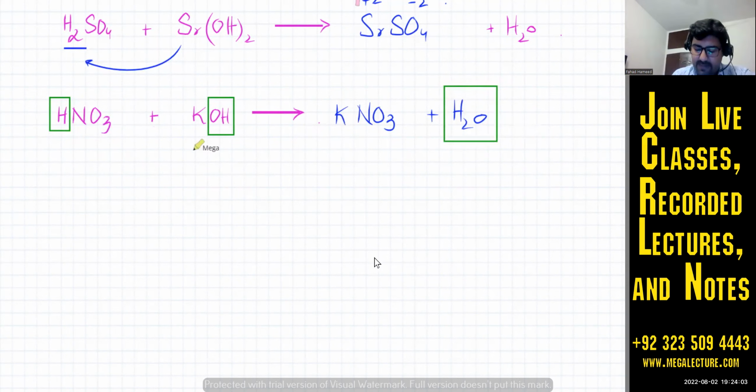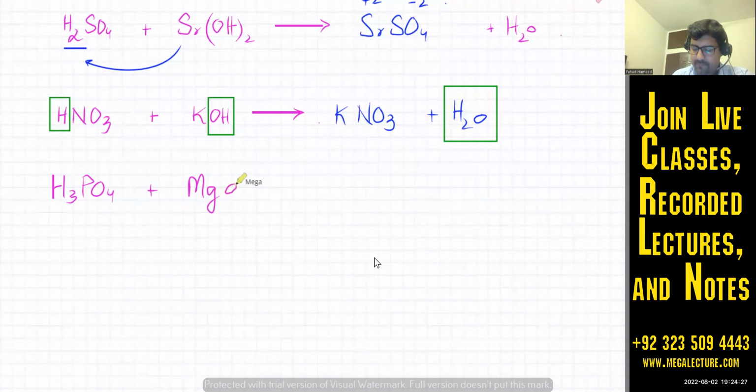So I can pick any acid. Let's take phosphoric acid. Phosphoric acid is H3PO4, and I can react it with any base, let's say magnesium hydroxide. Now Mg is +2, OH is -1, so magnesium hydroxide is Mg(OH)2. It's just an acid-base reaction.